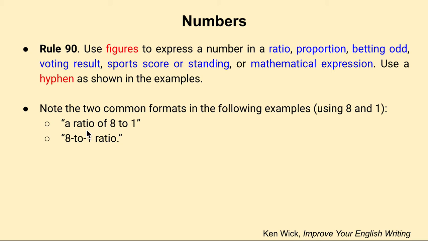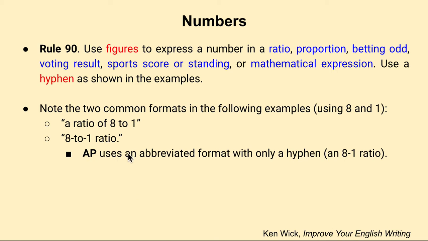Remember, it's like a compound adjective before a noun. And compound adjectives use hyphens, so I just want to point out that similar to 8 to 1 ratio, or a ratio of 8 to 1, this is a common formatting.